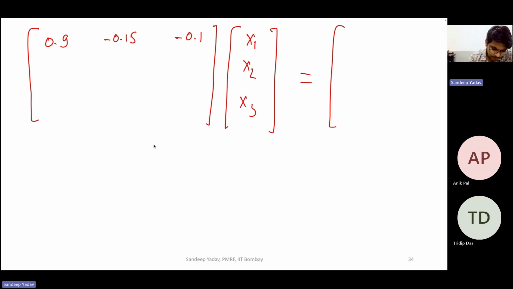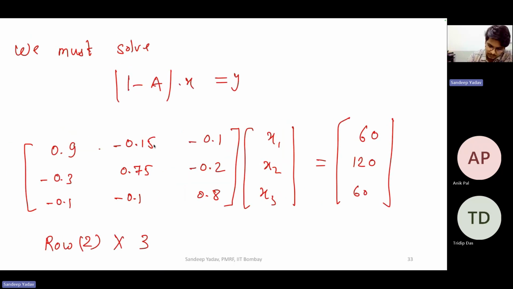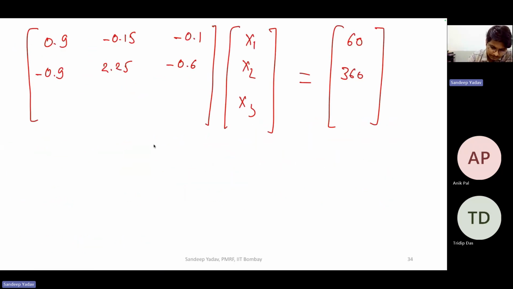Then minus 0.3 becomes minus 0.9, 0.75 becomes 2.25, and minus 0.2 becomes minus 0.6. And this was 120, so if you multiply by 3, it becomes 360.